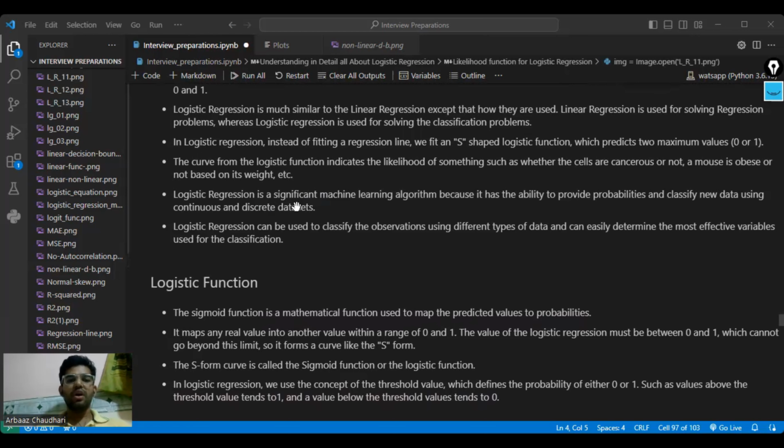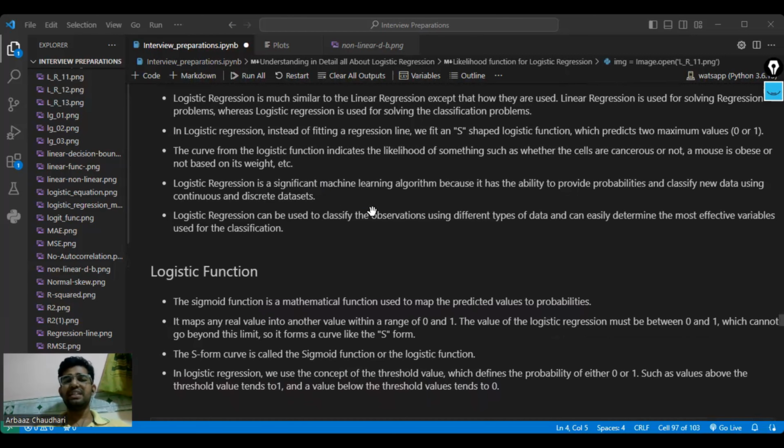Logistic regression is a significant machine learning algorithm. It has the ability to provide probabilities and classify new data using continuous and discrete data sets. So our X, like X1, X2, X3, could be different types. X1 could be in a continuous form, X2 could be in a categorical form, X3 could once again be in a continuous form.